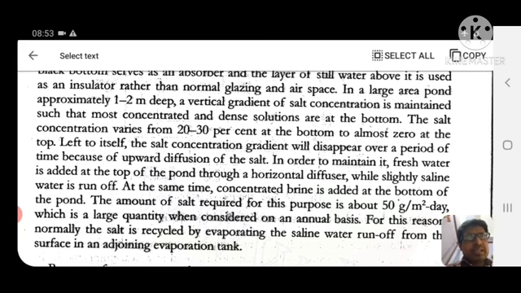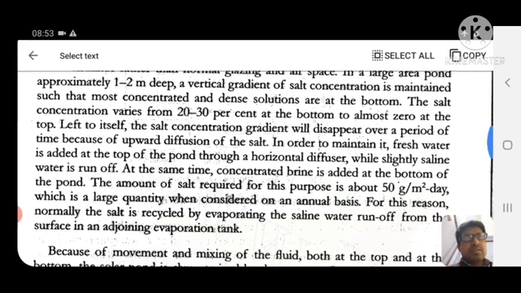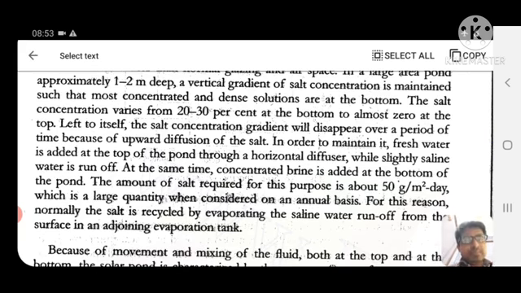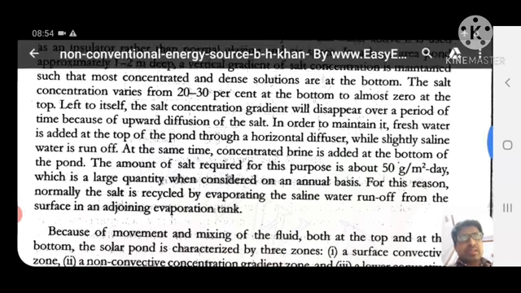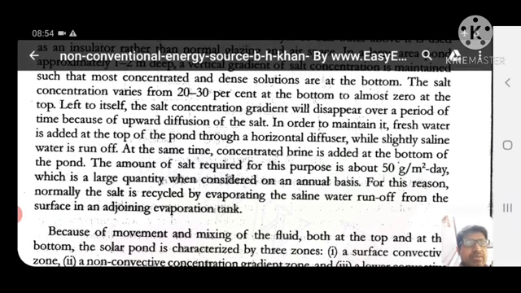Left to itself, the salt concentration gradient will disappear over a period of time because of an upward diffusion. The amount of salt required for this purpose is 50 gram per meter square per day, which is a large quantity.